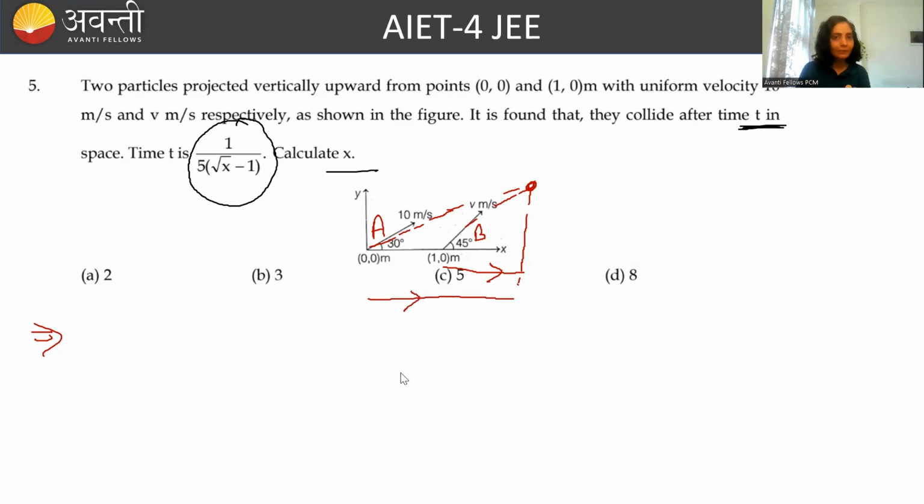If B has traveled x, then A has traveled 1 plus x, because this distance is 1 meter, as given. So the relative distance that A has covered with respect to B is 1 meter. Okay.